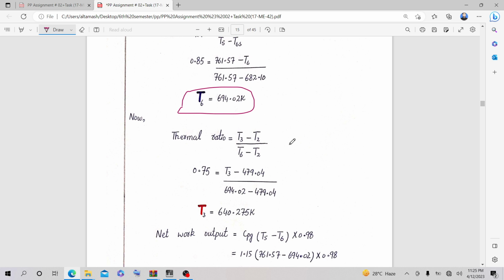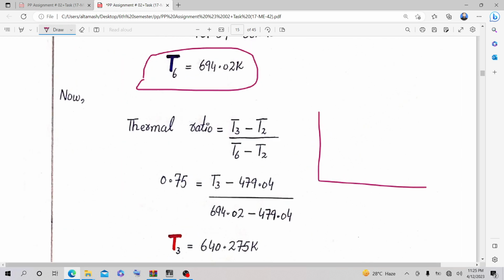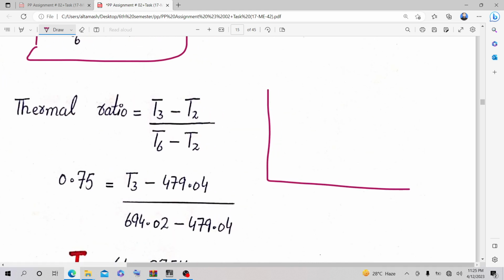Now the basic thing is that from the previous numericals, if I draw here, this is process 1 to 2, this is process 2 to 3, this is process 3 to 4, and 4 to 5, 5 to 6, and then again here 1, 2, 3, 4, 5, and 6.